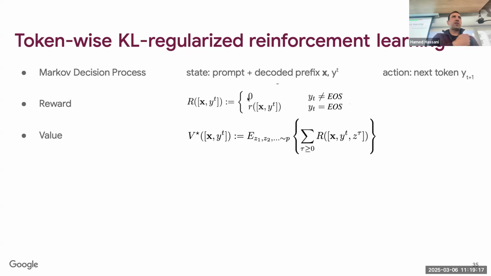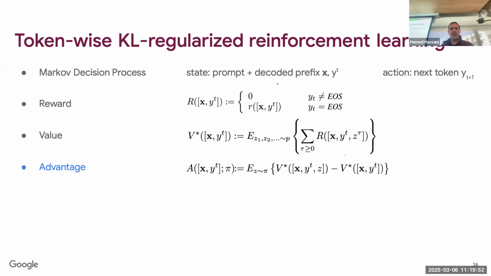So for example, if the prompt was "tell me how to make a bomb" and then the prefix is "sure I can", then the question is, what's the probability that when I finish decoding, the finished decoded sentence is going to be safe? So I'm going to take an expectation over all the decodings of the model until I reach the end of sequence, and then I'm going to look at the final reward that I'm going to get, and take this expectation over all these generations.